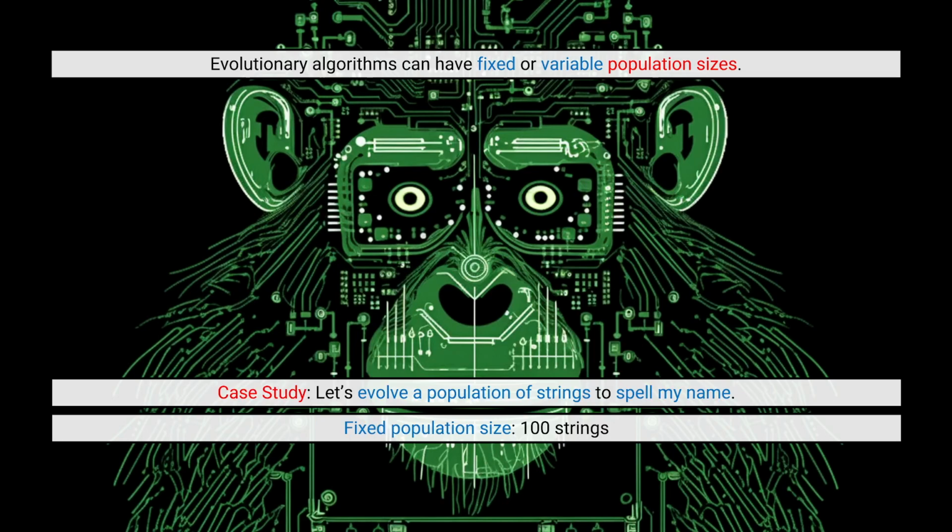For our simulation, where we're going to evolve strings to spell my name, this is a fairly simple experiment, so we can build in some artificial population limits. I think this is somewhat arbitrary. I'm just going to pick 100 strings for my population size.